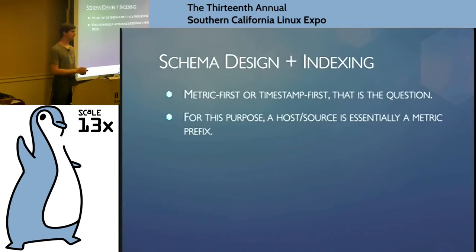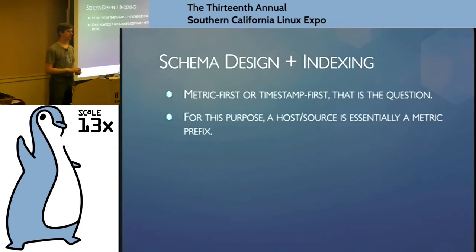And as it turns out, I believe, and my past experience from other companies has been, that optimizing for selecting a specific metric and then reading a range of time for that metric is extremely important. So for that, it means that we need to cluster our data metric first, by host and metric, which you can essentially consider to be concatenated together to be a prefix of one another, and then by time range.